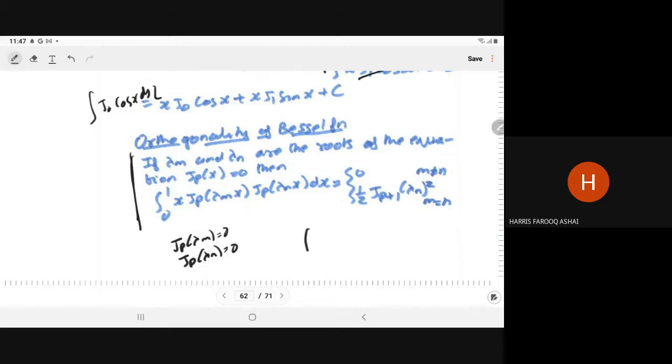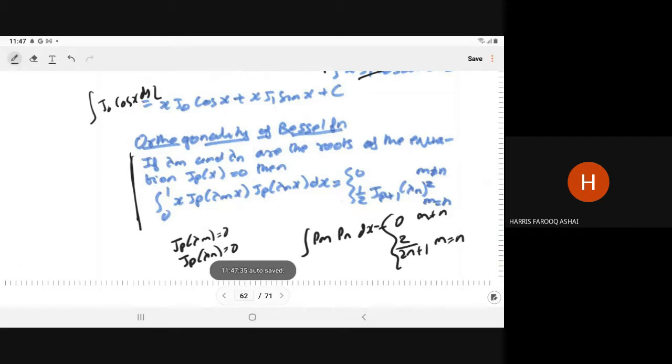There we have studied, no? There also we have studied that the integral of Pm Pn dx is equal to 0 when m is not equal to n, and 2 upon 2n plus 1 when m is equal to n, in the case of the Legendre polynomial. There also we have the orthogonal property. Here we have the orthogonal property for the Bessel function.